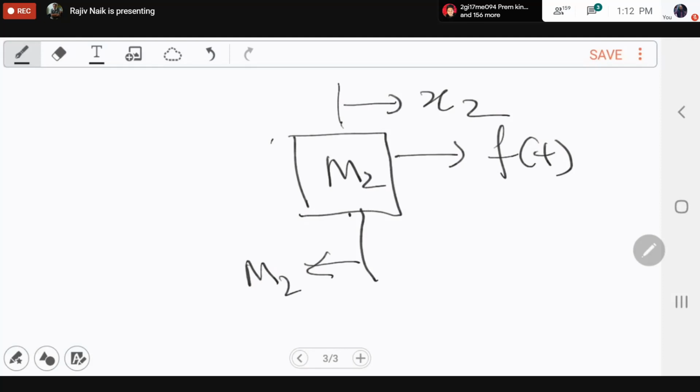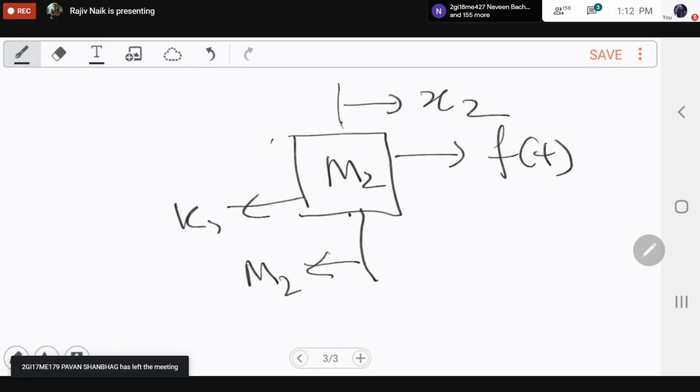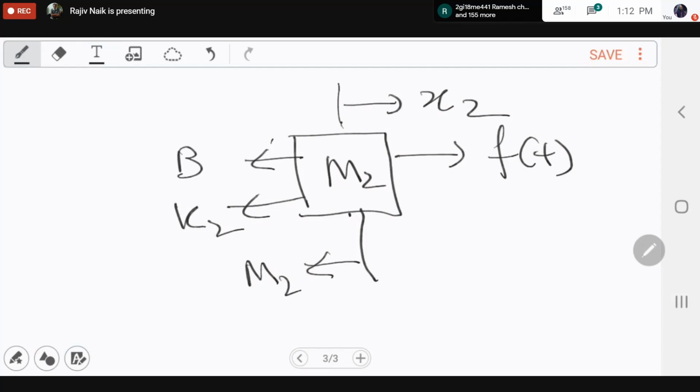When it is an inertia force equation, it is in the left direction. Similarly, here there is one spring K2. It is also on the left, because it will try to pull it back. Similarly, here B2 is also going to pull it back.